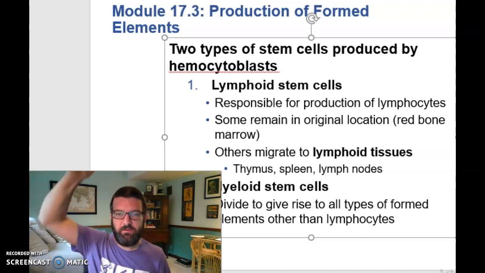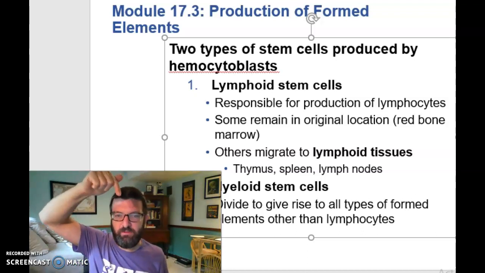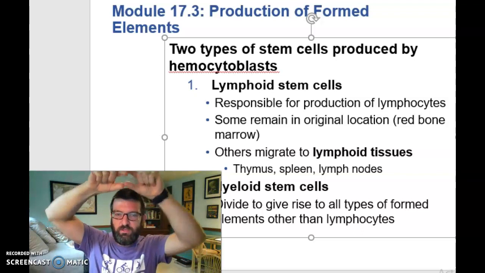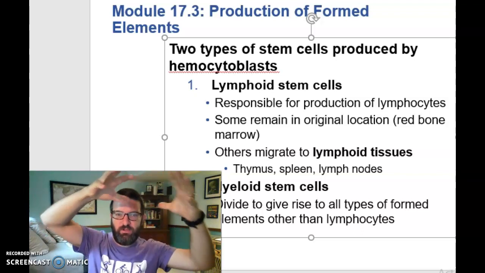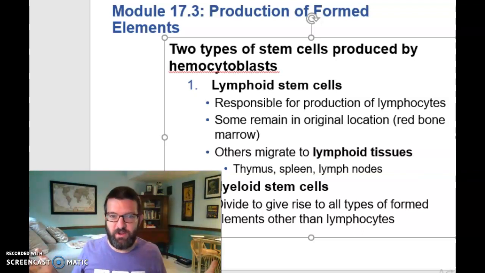So if you think about it, as if you start on the top of a hill that's round and put a ball on the top, it could theoretically roll down in literally any direction 360 degrees around that whole hill. That would be a totipotent stem cell, right? When you are a zygote, that cell can become any type of cell in your body.